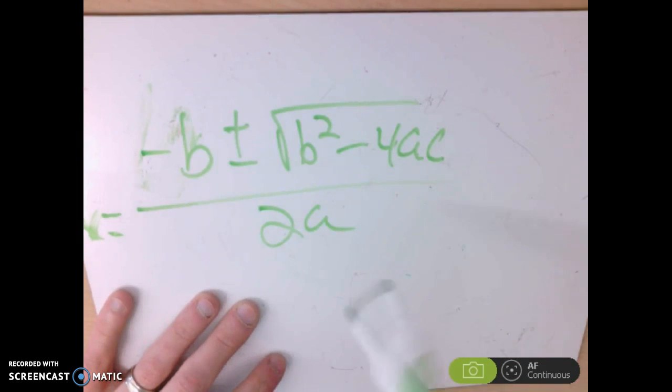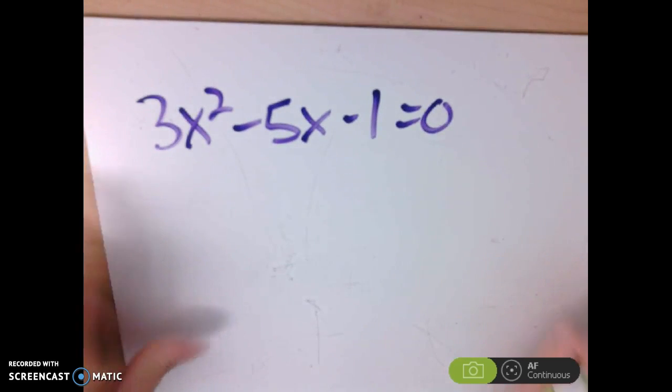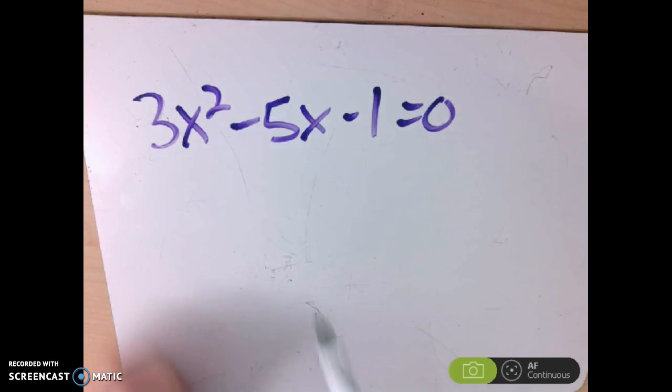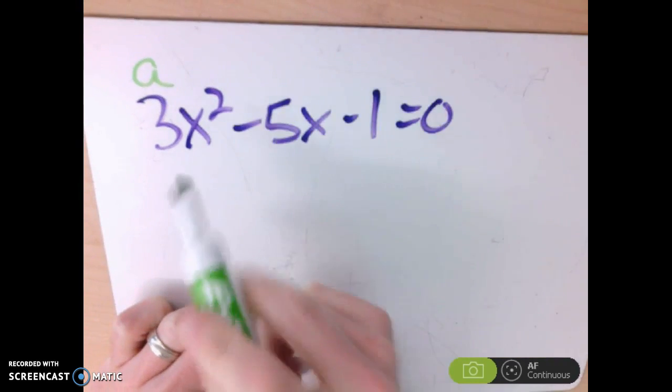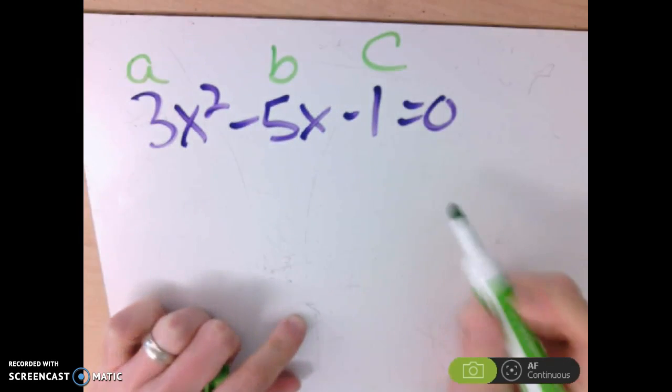Okay. But that's the quadratic formula. So we'll take that and use that for our next couple problems. Our first problem is 3x squared minus 5x minus 1 equals 0. And so I'll just plug this into my quadratic formula. My 3 is my a value, my b is negative 5, and my c is negative 1.